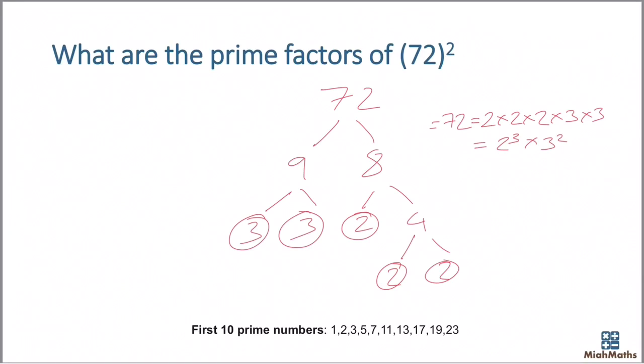And like the last example, 72 squared is the same as 72 times 72. So it's going to be 2 cubed times 3 squared times 2 cubed times 3 squared, which is 2 to the power 6, because we've got 3 there, times 3 to the power 4, because we've got 2 there and 2 there. And there you go. This is how you do prime factors.